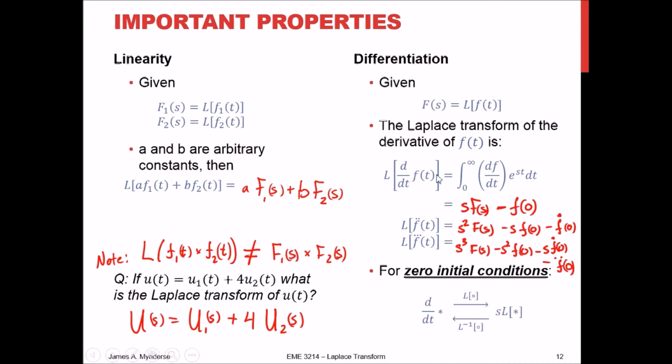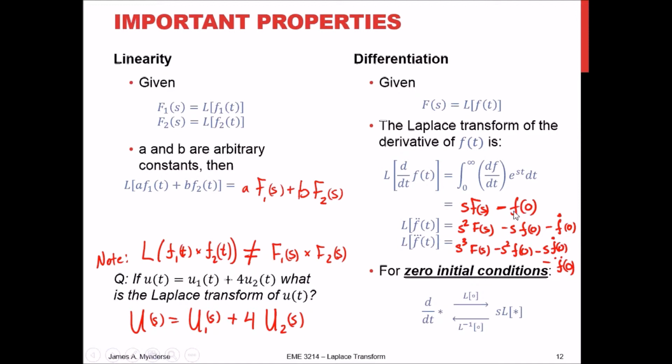If you have the derivative of f of t, you just say s times F of s, which was the Laplace transform of the original function. So the Laplace transform of its derivative is just s multiplied times the function. That's very easy. But we also need to subtract off f at 0.